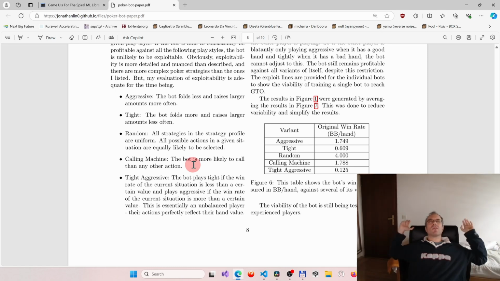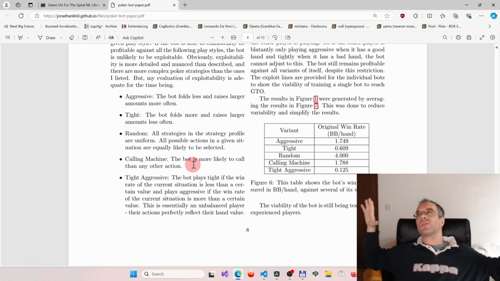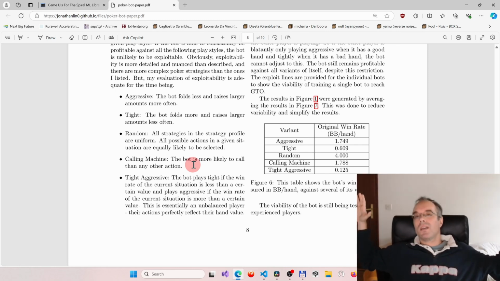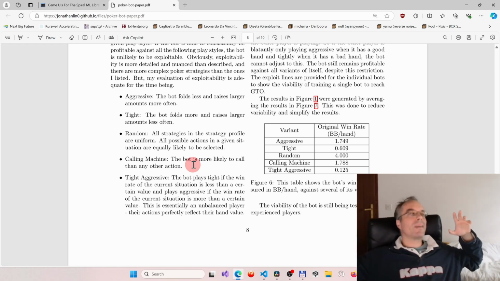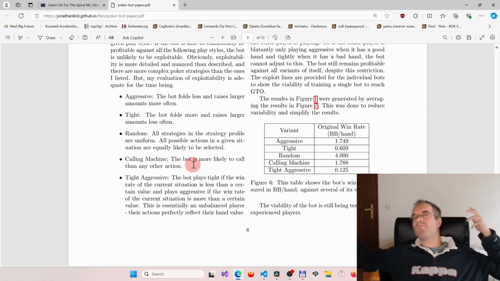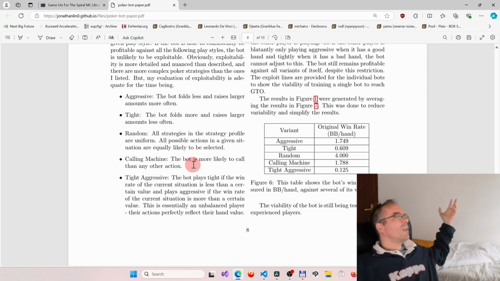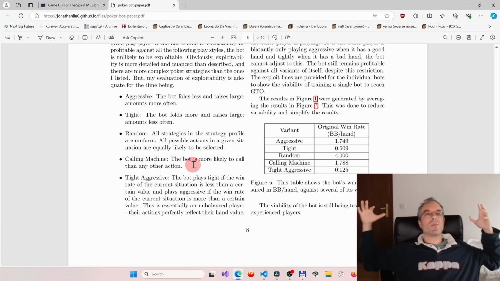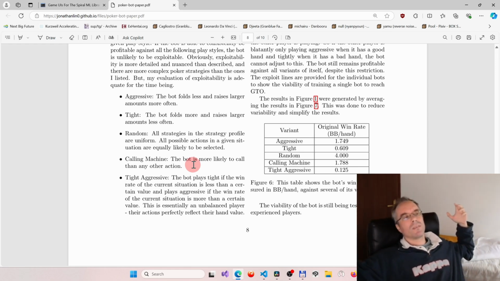Well, let's implement a calling machine. We'll implement a random player which only calls, and because of that, the poker agent won't be able to just learn to only raise if it wants a good result. If it really wants the best possible result, it will have to learn to actually play good hands.